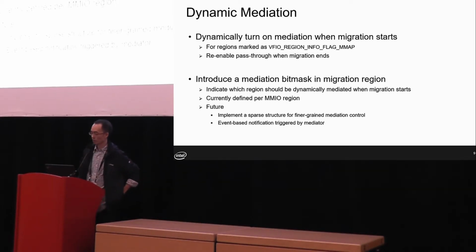When migration completes, we need to re-enable the pass-through. Today, we just introduce a mediation bit mask in the migration region to indicate which region should be dynamically mediated. Today, we define it just per MMIO region, but in the future, we may introduce some sparse capability to allow finer-grained control.